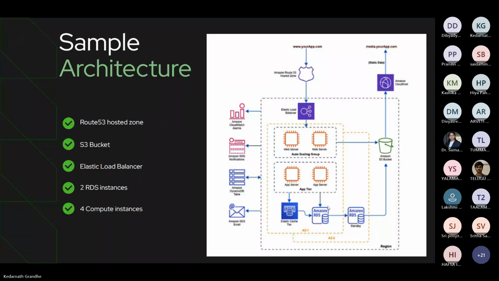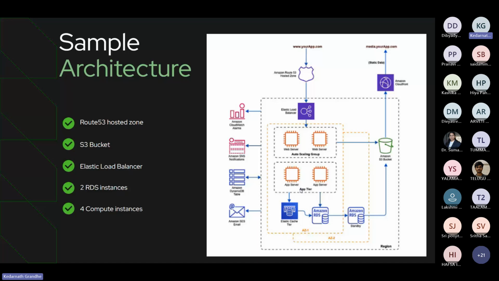So even for this small application, you need to have several things, right? You need Route 53, a load balancer, availability zones, auto scaling groups, these two instances, like 4 instances, one cache tier, 2 databases, a region, a VPC.